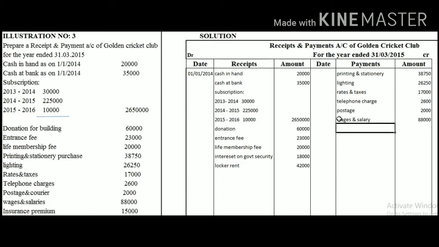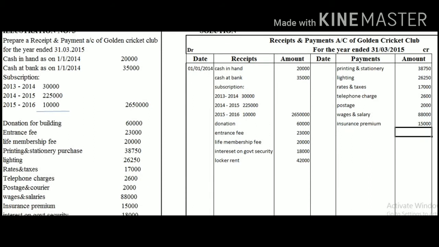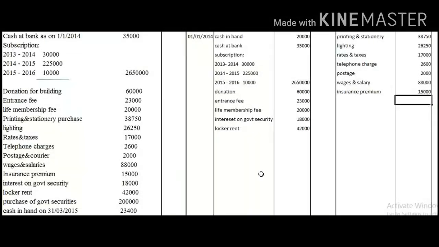Then next item is insurance premium. Insurance premium paid. It's an expenditure. What is the amount of insurance premium? It is 15,000. So insurance premium is over.